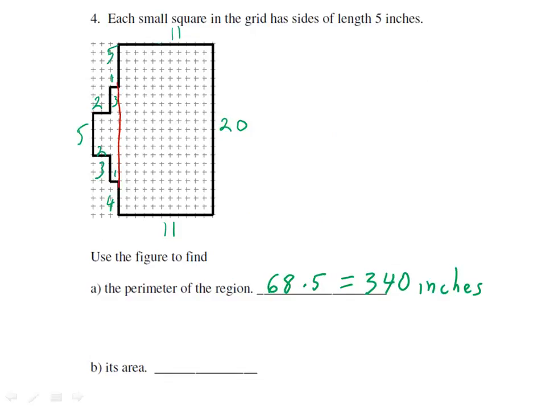So we have to split it into pieces that we do know how to get. So we have an 11 by 20. So that's 11 times 20 plus we could make a long, thin rectangle here.